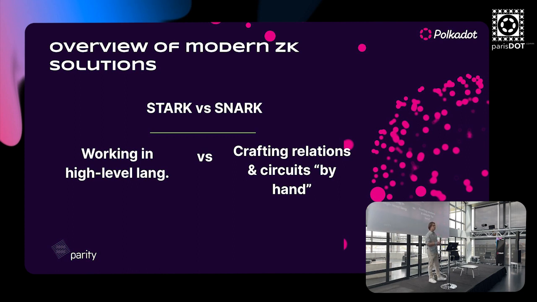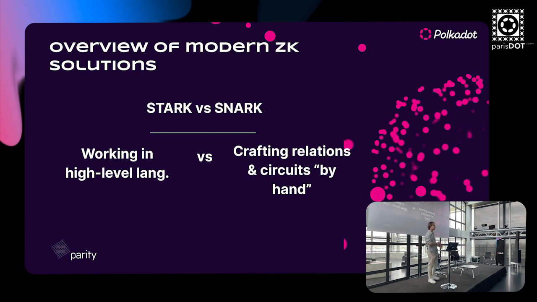If you work in a high-level language, you always pay with the proof size, and there's certain overhead in computation. Crafted relations require heavy knowledge of cryptography and math. STARK and SNARK are essentially different proving systems. With SNARK, you need a trusted setup, which may not be favorable in your use case.